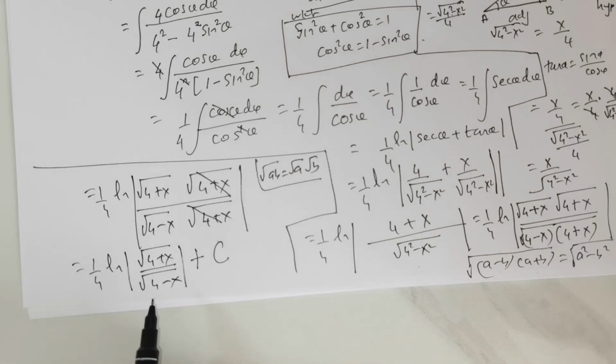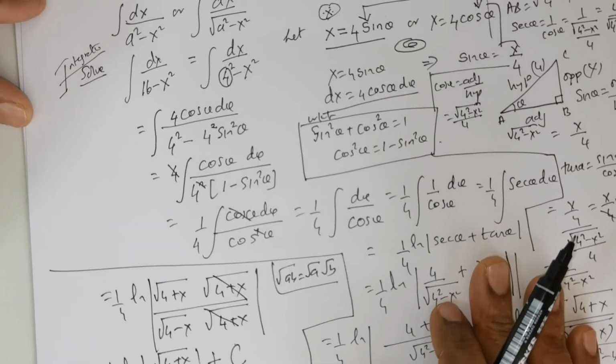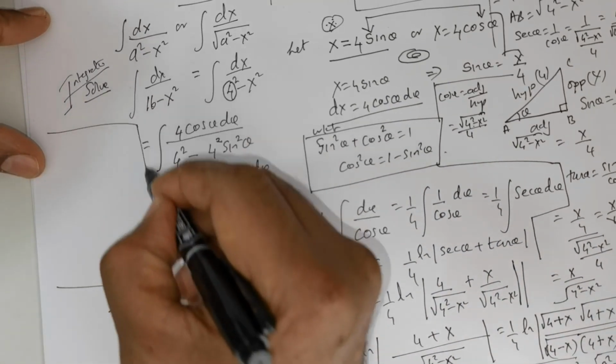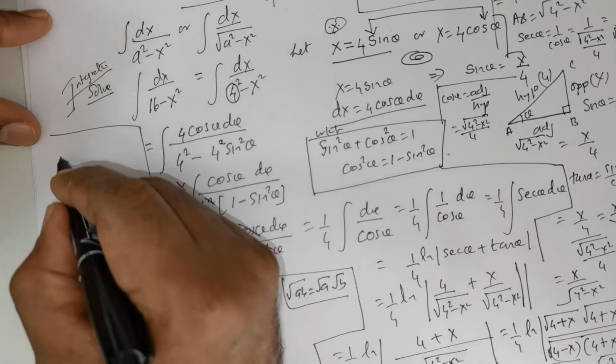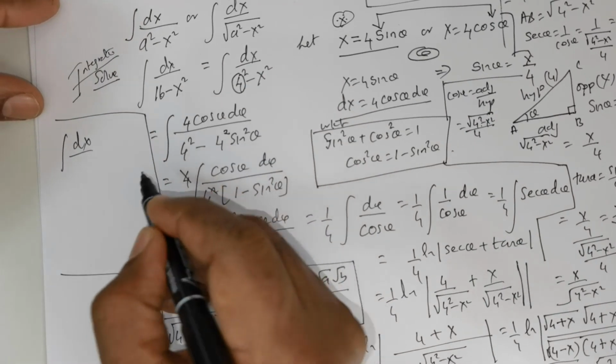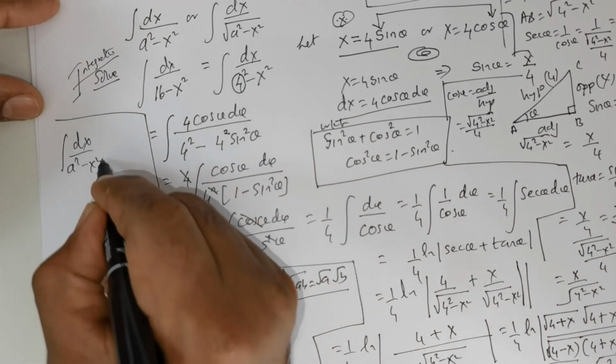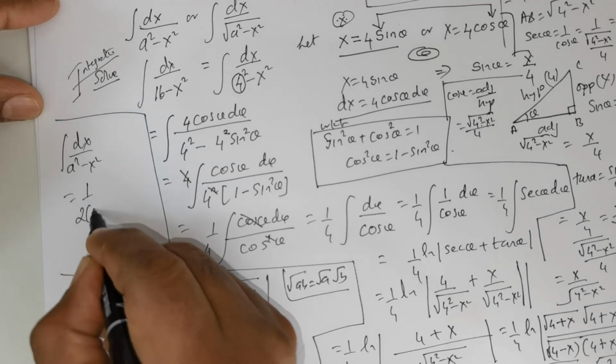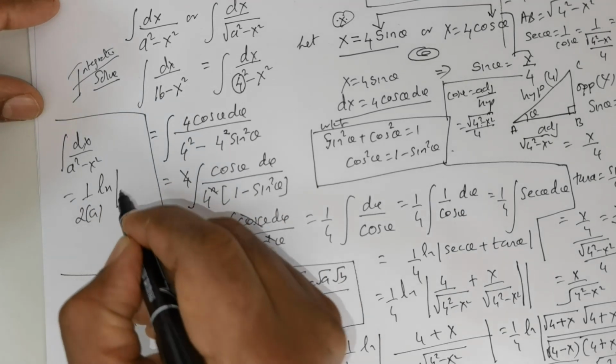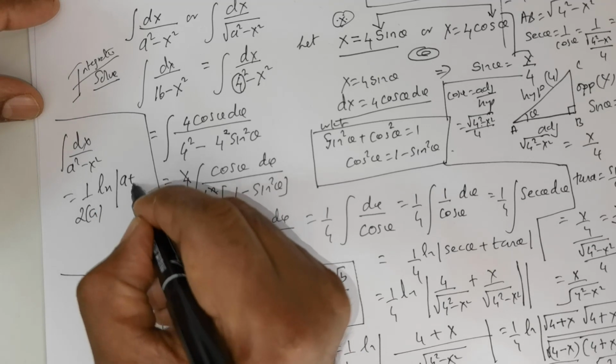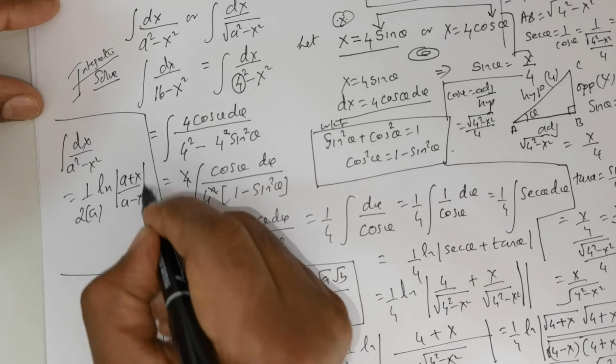Now I can actually utilize the formula. There is a formula for this one: integral dx over a squared minus x squared is equal to 1 over 2 times a times ln modulus of a plus x divided by a minus x plus c.